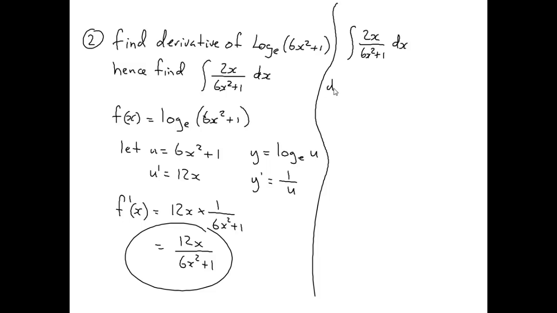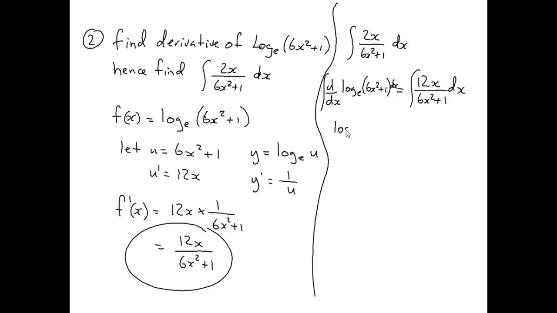We found that the derivative with respect to x of log e of 6x squared plus 1 equaled 12x over 6x squared plus 1. Let's take the antiderivative of both sides. That kind of looks close to what we're looking for, but it's not totally the answer.